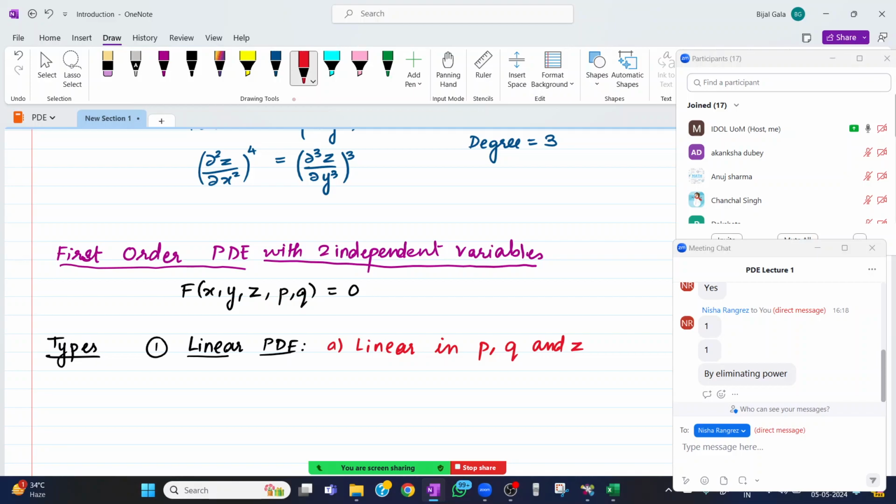Also, the coefficients of p, q, and z are functions of x and y only.